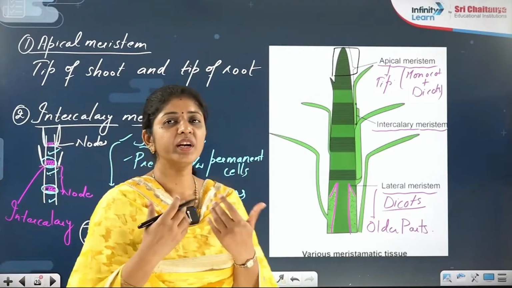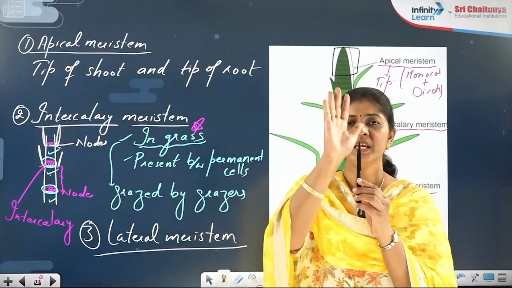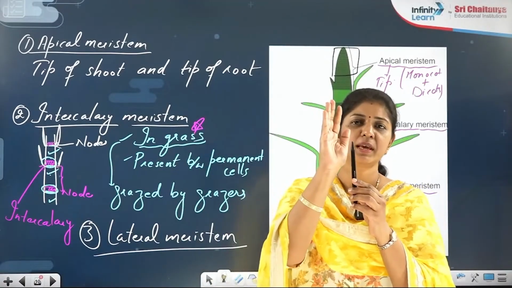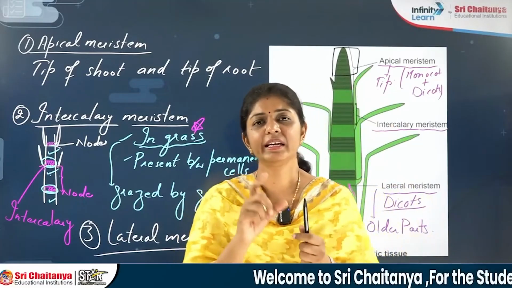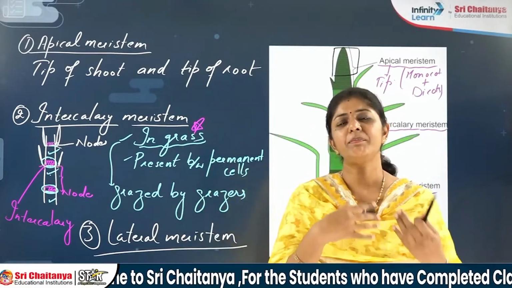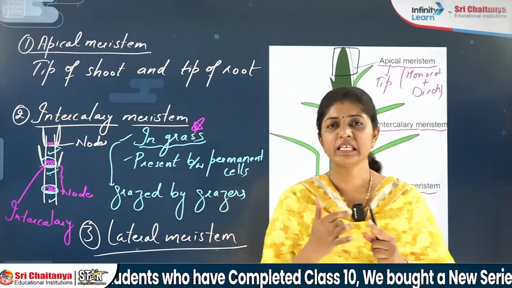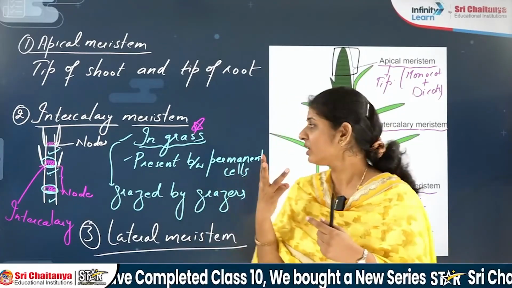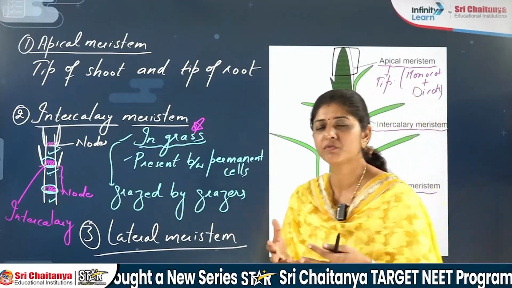Now what is it doing? Apical I already mentioned, it helps in linear growth, meaning the height of the stem and the depth of the root. Intercalary meristem brings back the grazed part, helping vegetative propagation. What next did I discuss? Lateral meristem. Now let's check its function.